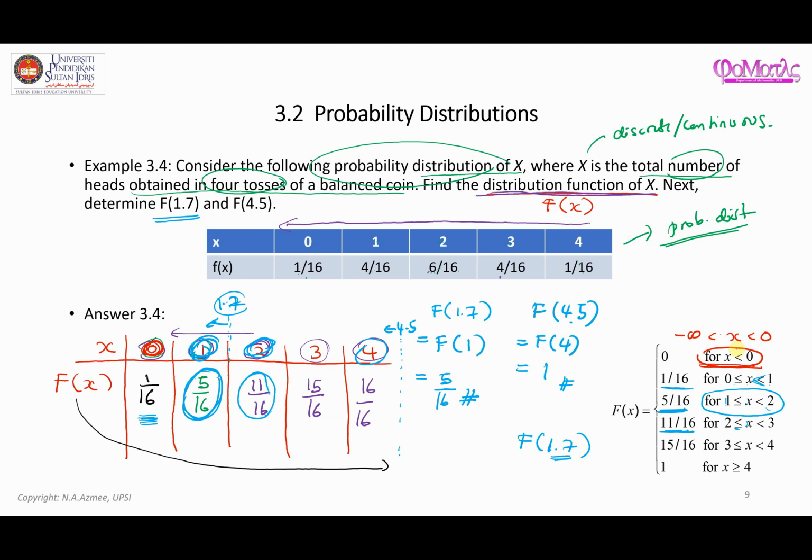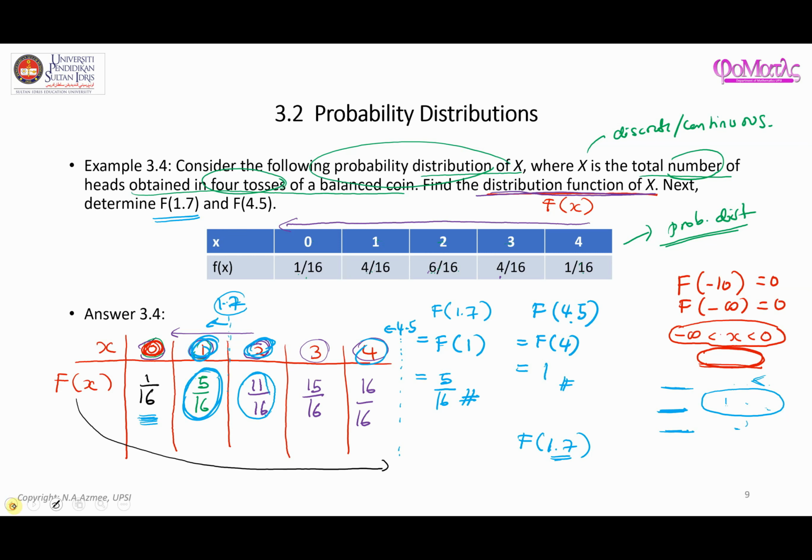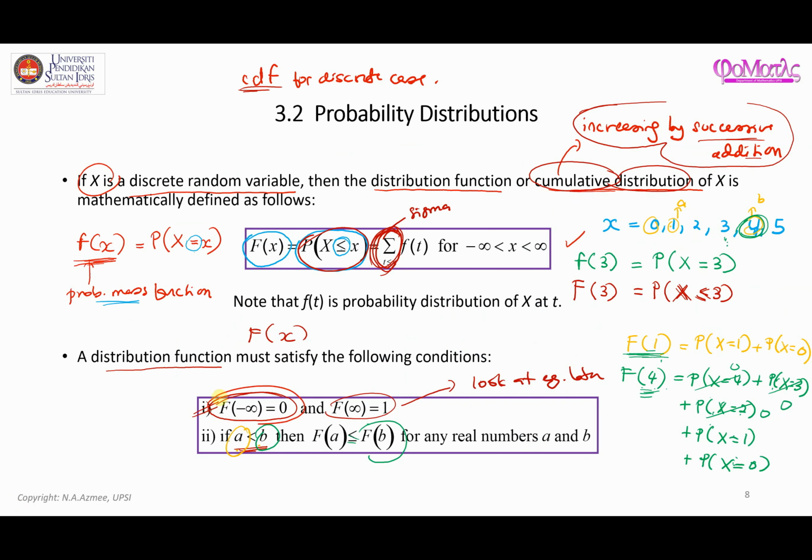So if I ask you what is F for negative 10, it's going to be 0. What is F for negative infinity? This is also going to be 0. And this is related to what we are seeing right here.